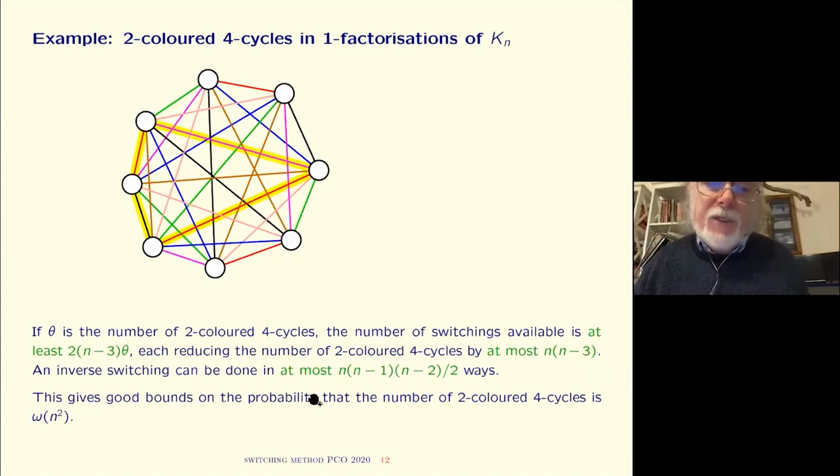And inverse switching can be done in at most n times n minus 1, n minus 2 divided by 2. And then their theory tells us an upper bound, which I haven't written down, of the number of two-colored 4-cycles. And if the number is increasing with respect to n squared, it gives us quite a good upper bound, an exponentially decreasing upper bound.